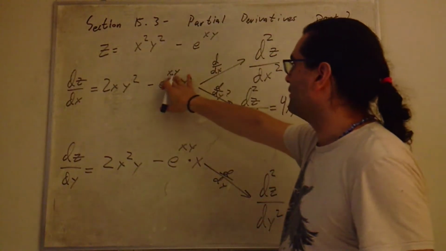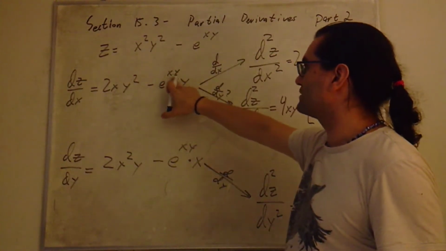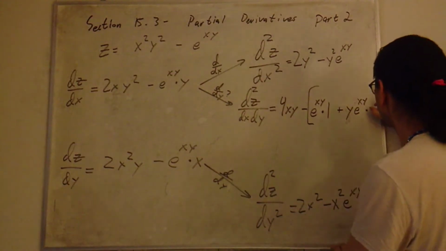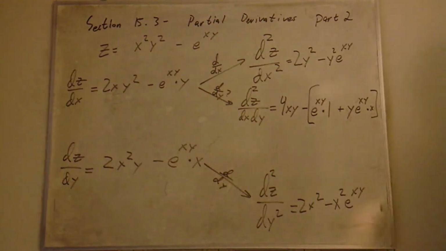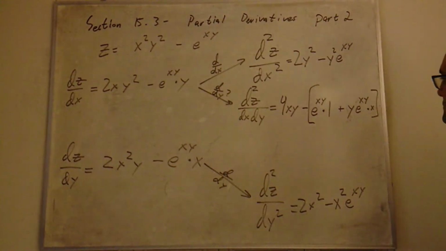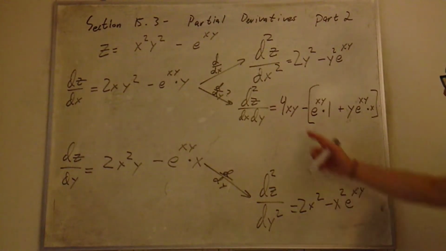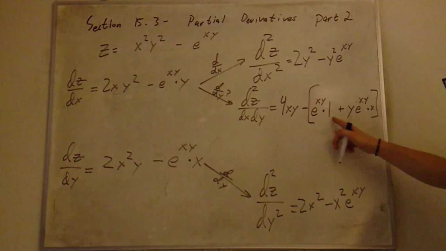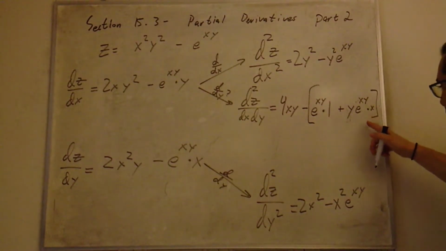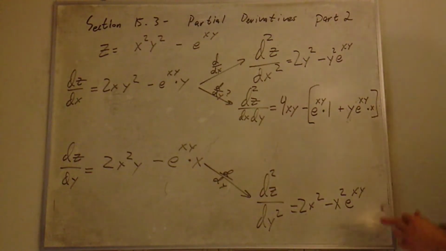The derivative of the inside with respect to y is just x. So we get 4xy minus e to the xy plus xy e to the xy.